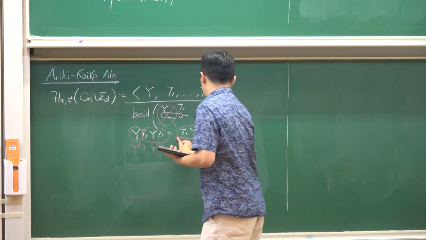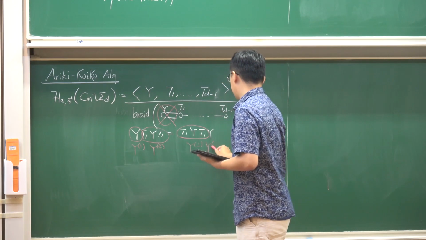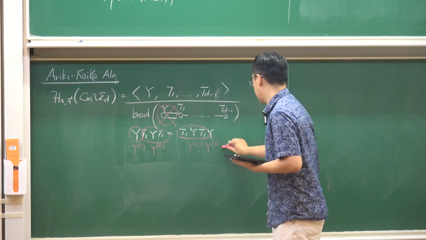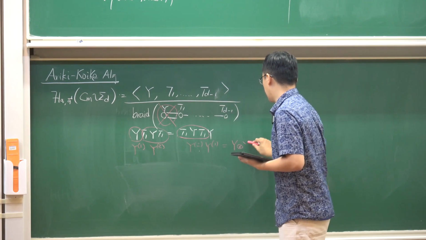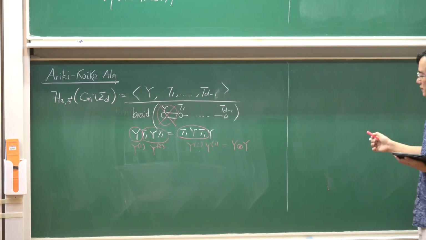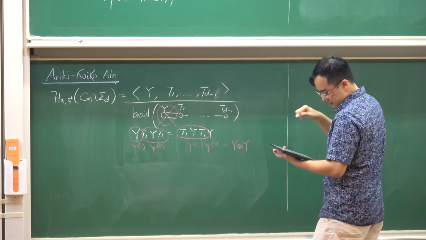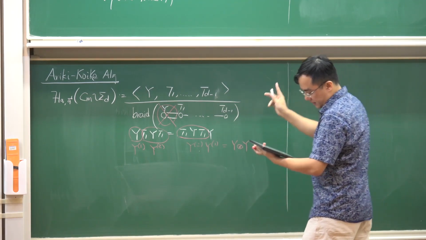So this type B braid relation is just to tell you that y tensor y is well defined. This gives you the B tensor D structure on the nose. And then you have some other relations.